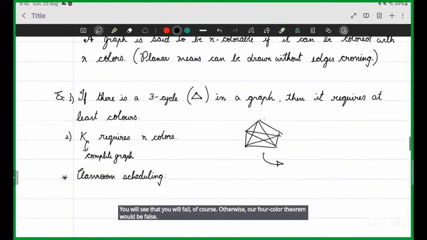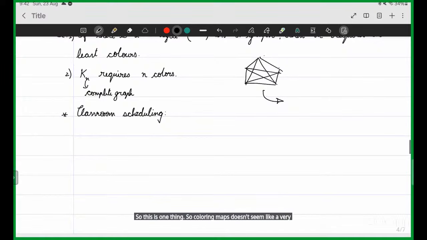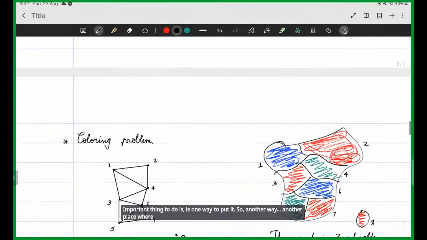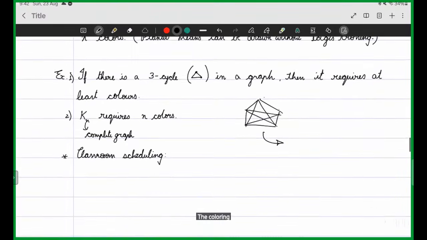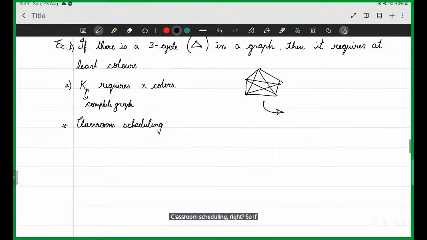So this is one thing. Coloring maps doesn't seem like a very important thing to do, is one way to put it. Another place where the coloring problem occurs is classroom scheduling, right? If I want to have a few courses run, I want to use as few classrooms as possible.